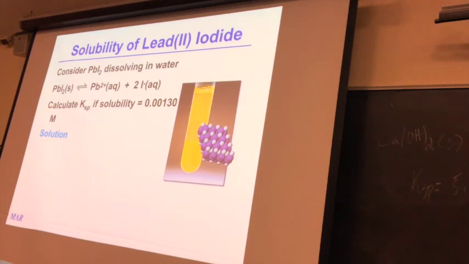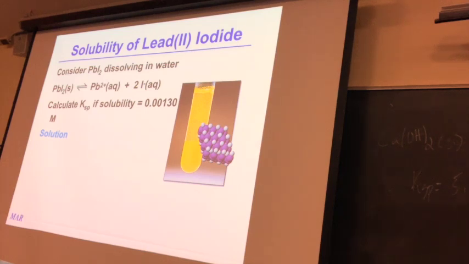So let's consider that lead(II) iodide example dissolving in water. It makes a really nice yellow color, which is kind of cool. And let's say that we've studied this reaction and we found that the solubility of this compound is 0.00130 moles per liter. Solubility in our context is how many moles of the solid dissolve per liter.